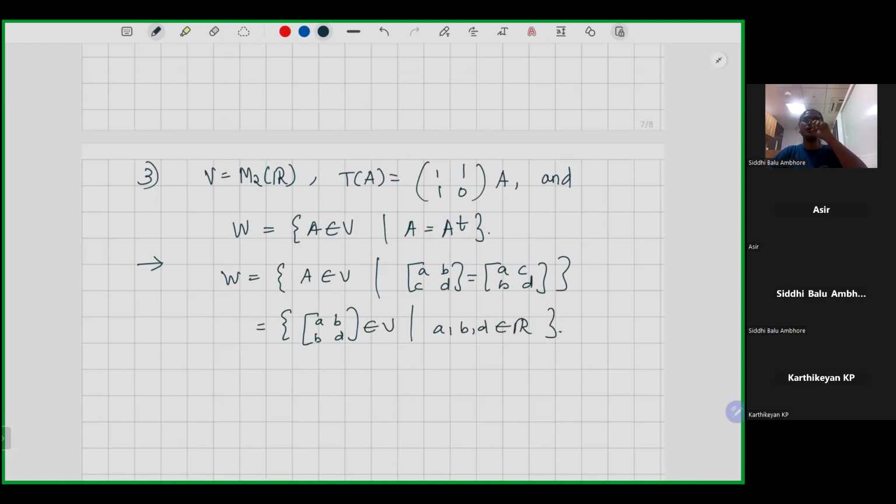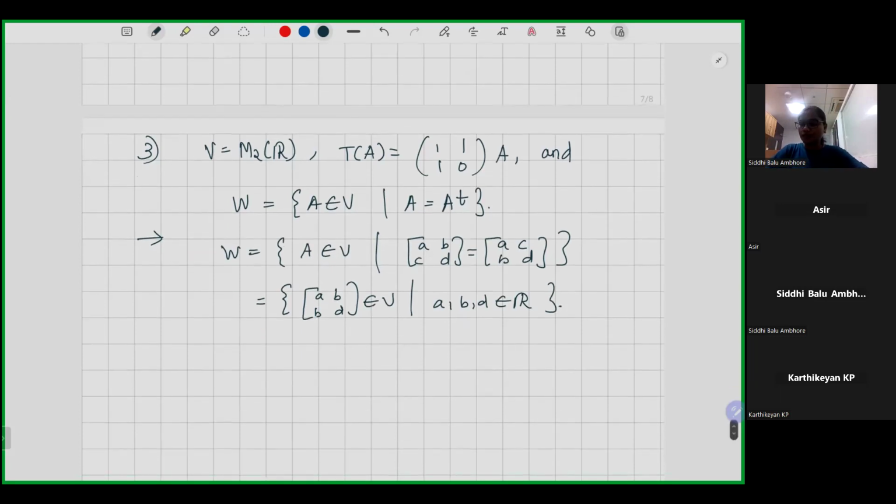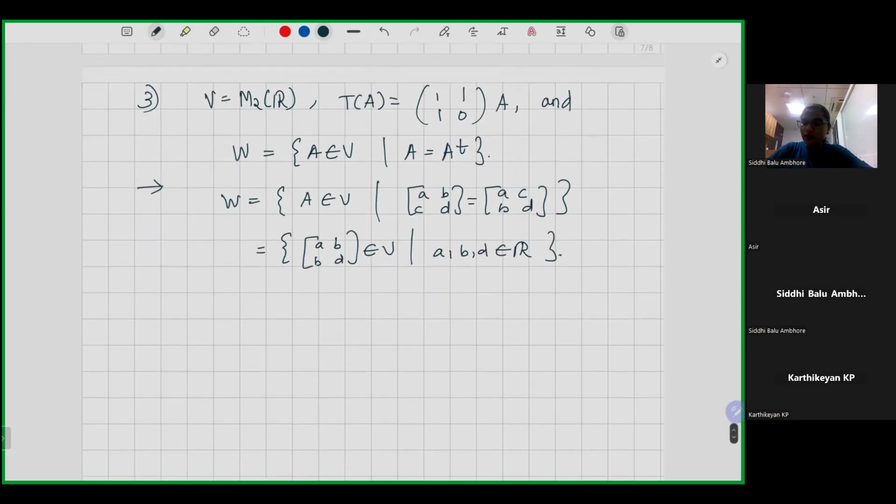The symmetric matrices. Because here a is equal to a and d is equal to d means a, d in R, and here we are getting b is equal to c and c is equal to b. So we have to fix one of the variables and vary the other one. Okay, so this is given.